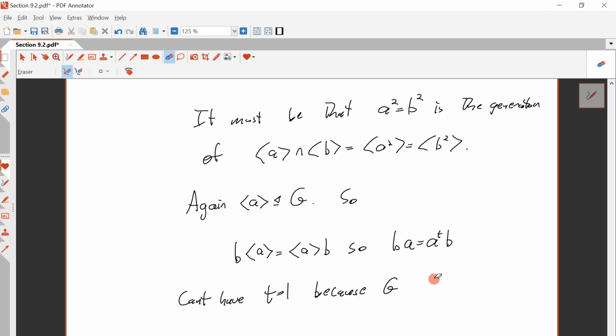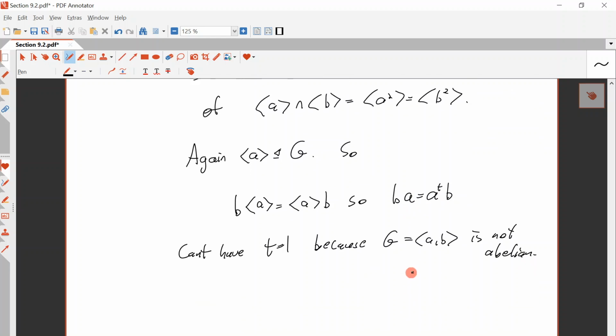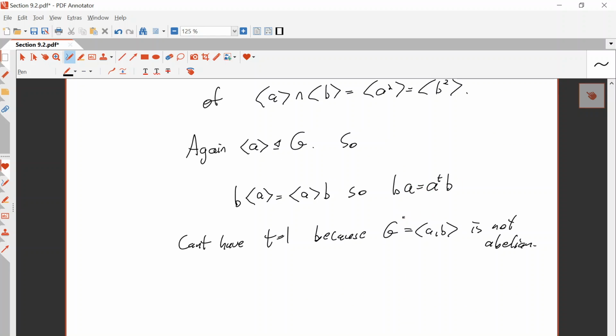Because G is generated by A and B is not abelian. Right? So it can't be that BA is equal to AB, because then all powers of A and B would commute with each other, and all powers of A and B is all of G. So it can't be T equal to 1.